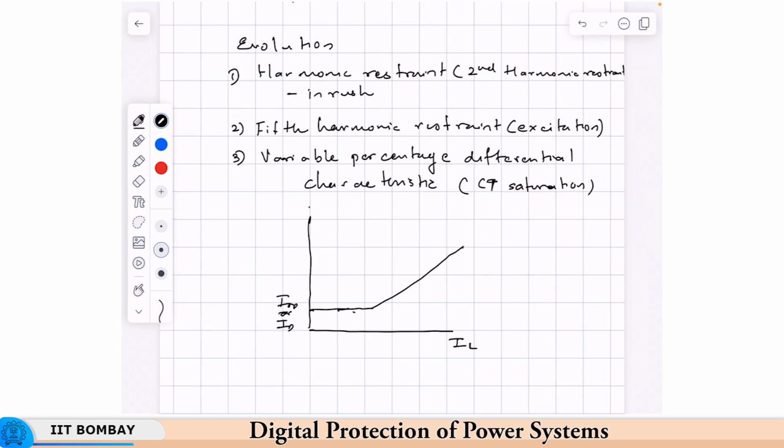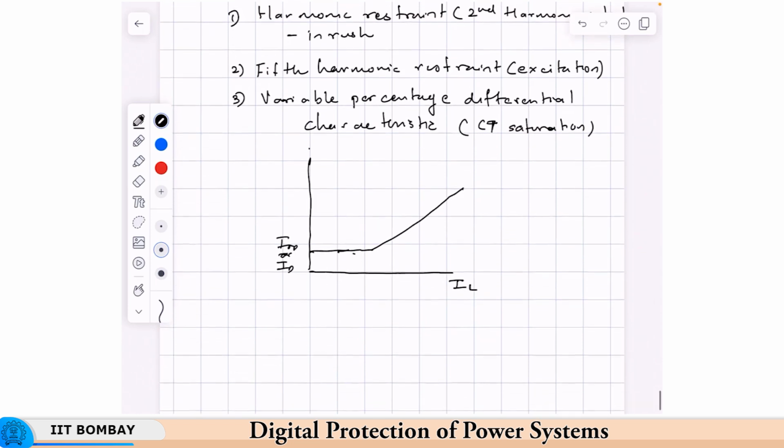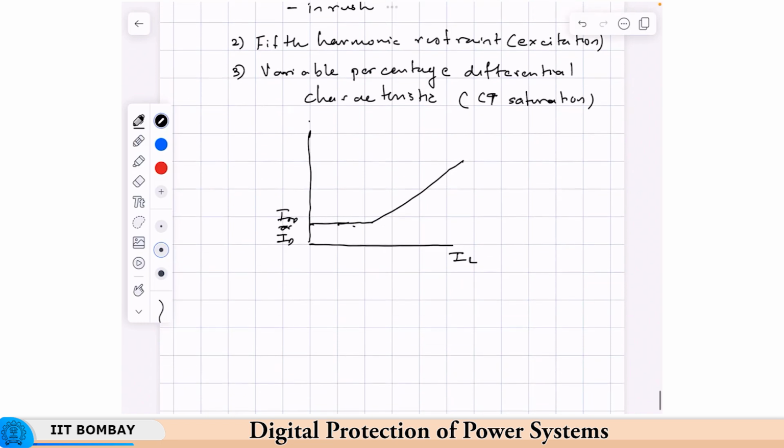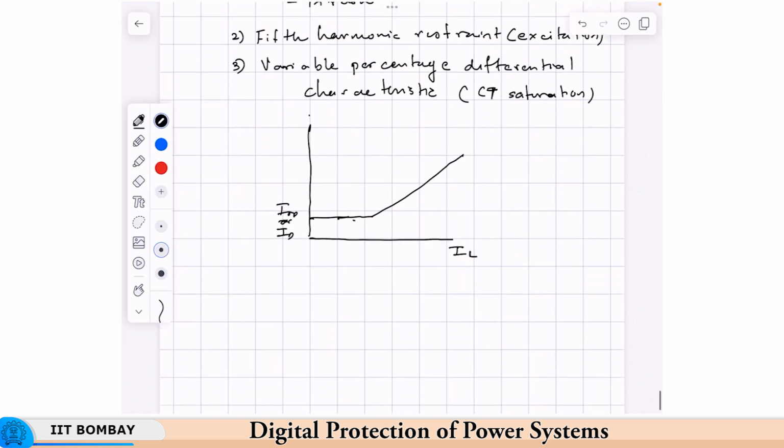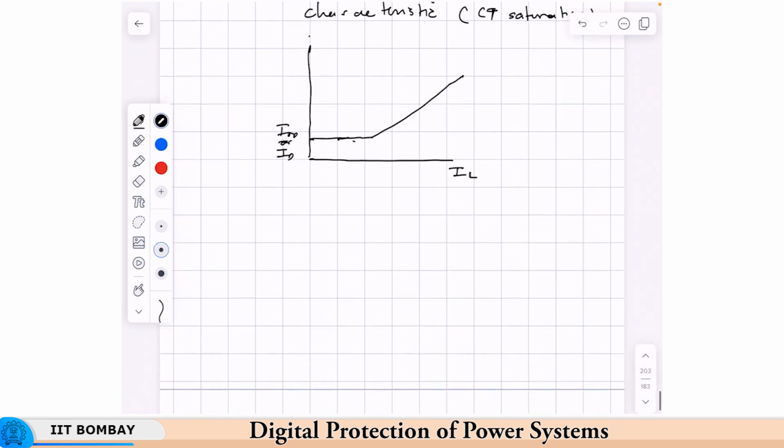Now, one very important issue that we have to take care of is the inrush current.